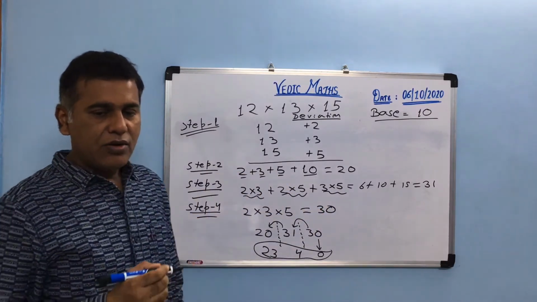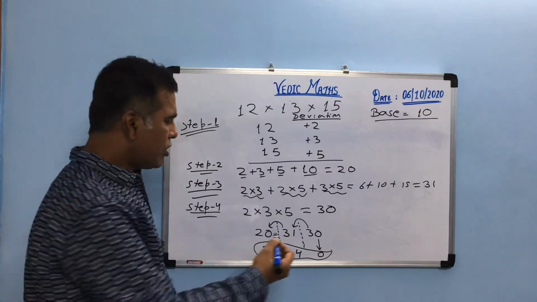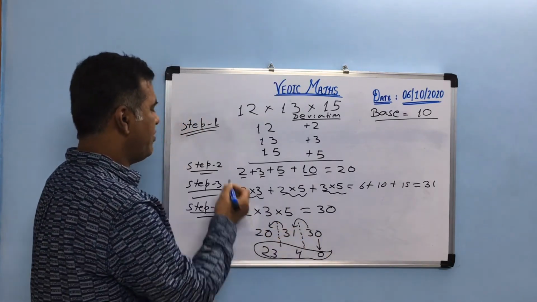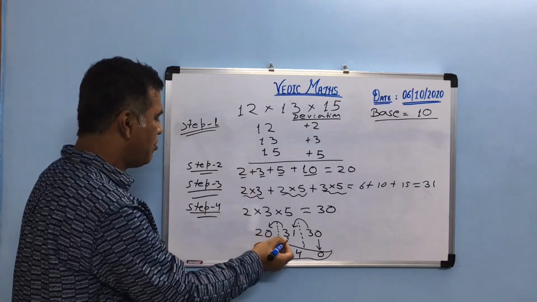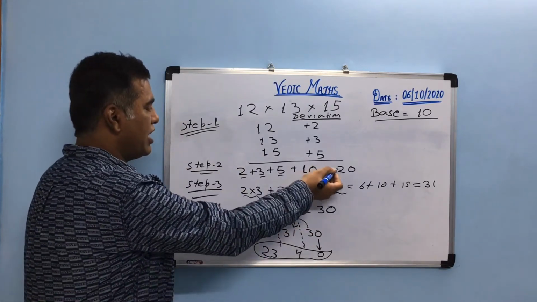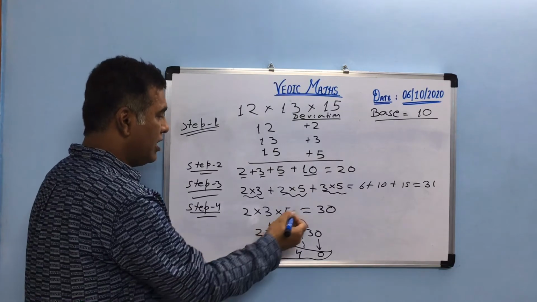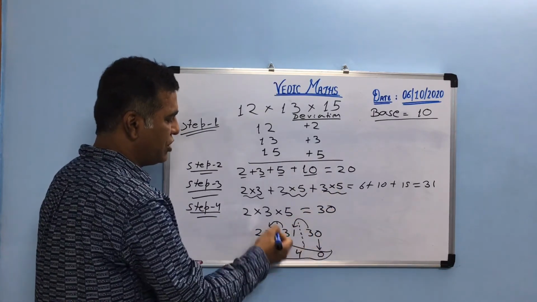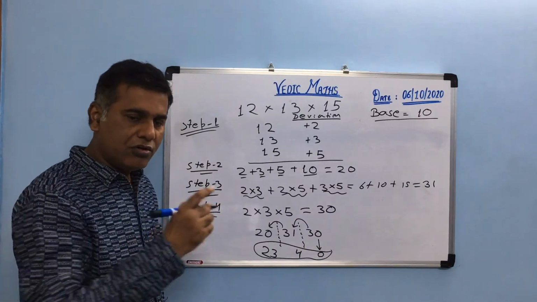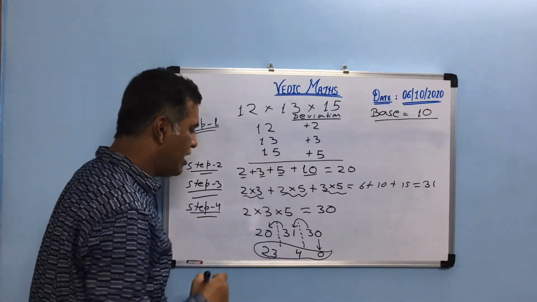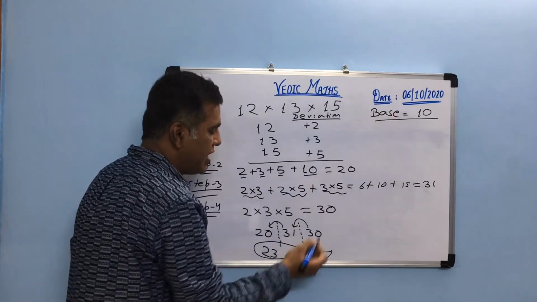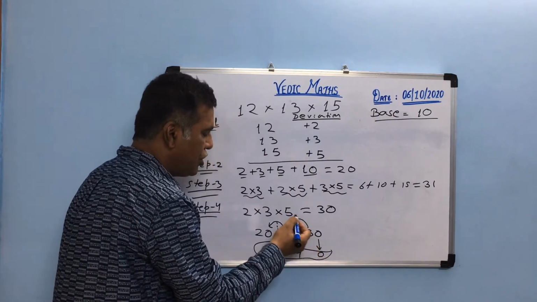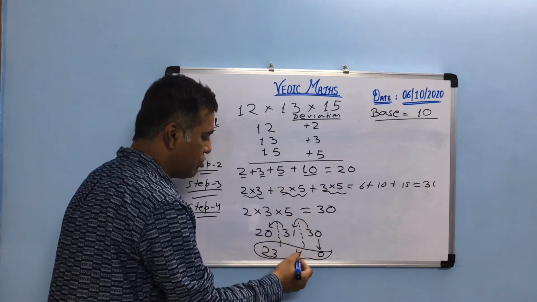Then after that, what will we do? We will simply write the numbers from left to right: first the step 2 number, then the step 3 number, then the step 4 number. First we get 20, so I will write 20. Then 31, I will write 31. Then 30. In this way, in 3 columns. You already know that we have done this process earlier too. Since the base is 10, we will keep only one digit in one column. So here 0 will come. 3 will be carried forward, so 3 plus 1 is 4.